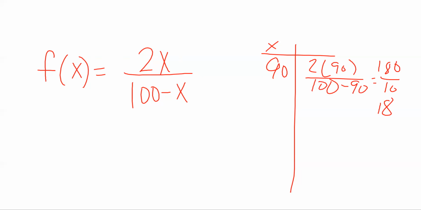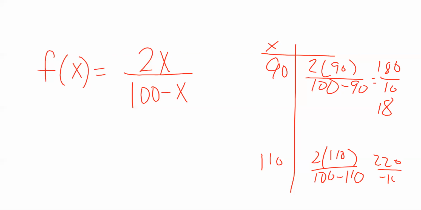So f of 90 does exist. You could try with any other number too, maybe even 110. It exists, but the answer is negative. But there's once again nothing wrong with that if we're just looking at this situation from a strictly algebraic point of view and not using it for anything else.